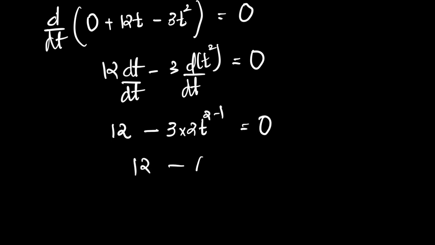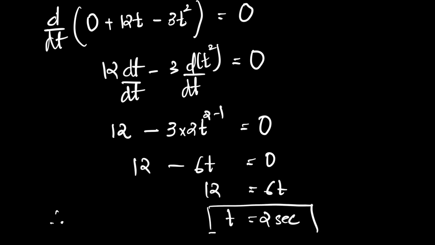So it becomes 12 minus 6t is equal to 0, which implies 12 is equal to 6t, and therefore t is equal to 2 seconds, right? So the acceleration is equal to 0 at time t equal to 2 seconds.